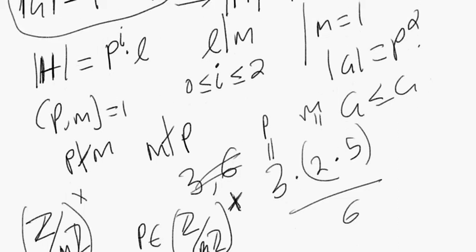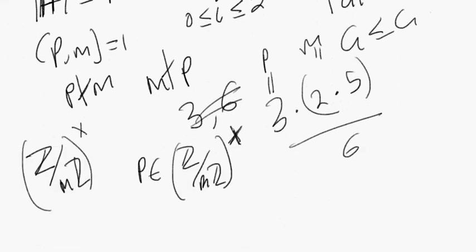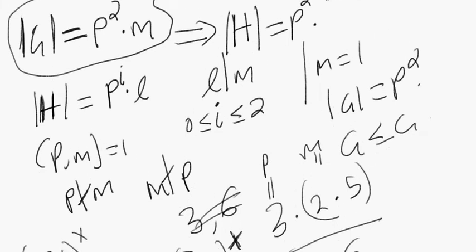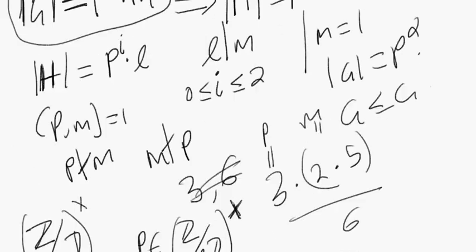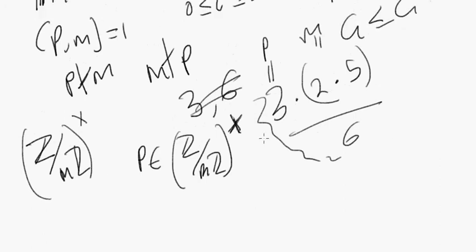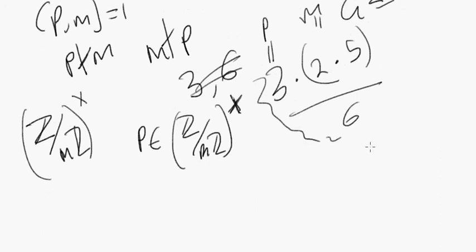Here we're just trying to learn as much as we possibly can about what it means for the order of a group to be p squared times m, because the more data we have, hopefully the more our minds will be sparked to come up with an explanation. So if p and m are relatively prime, and p and m are not 1, can't we say that p is an element of Z mod mZ star?